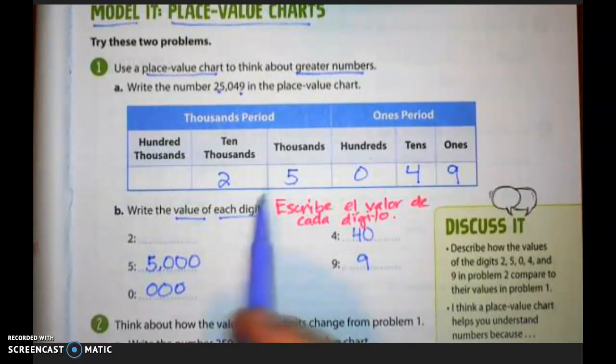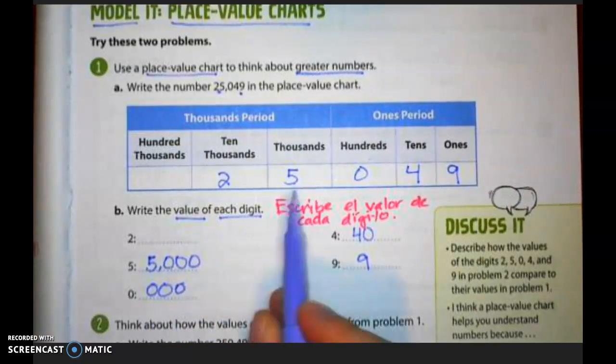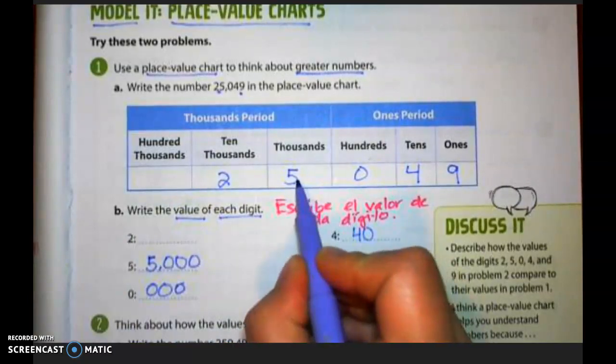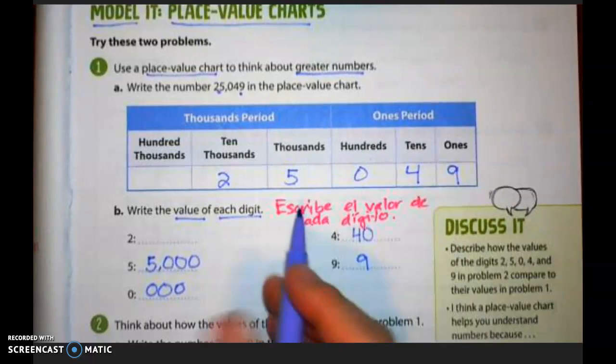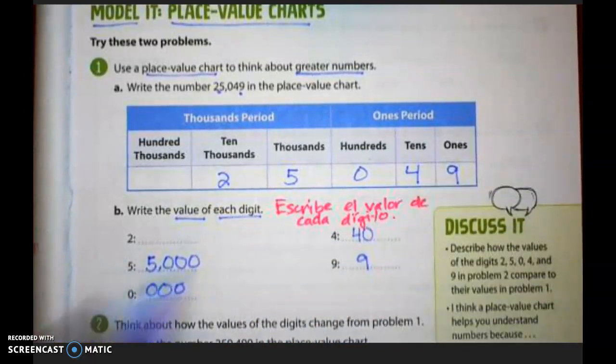Good job. So if it's 1,000, thousands have 3 zeros because it's the 5, 0, 0, 0, right? We have to have these numbers here too. How about 2? What is the value of 2 in the 10 thousands? Ali?